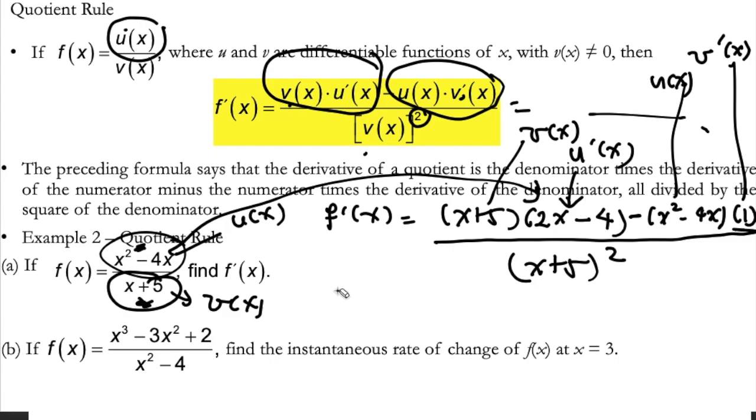Because for x here, when you differentiate, it becomes x to the power of 1 minus 1, which is x to the power of 0, which is 1. So that's why you get 1. For 5 here, because you don't see x, it becomes 0. So 1 plus 0. You get me? So I'm using the rules that we have studied earlier to do the rest.